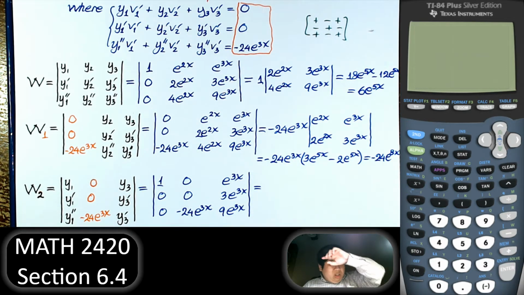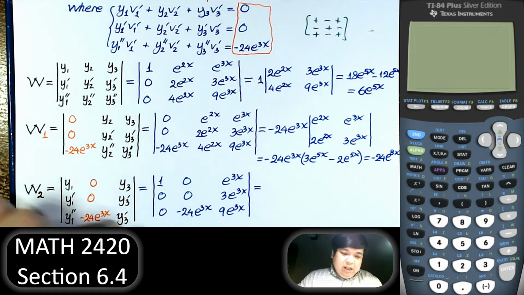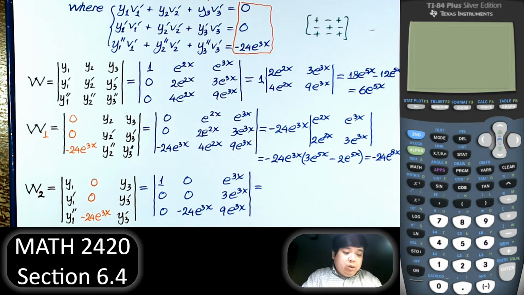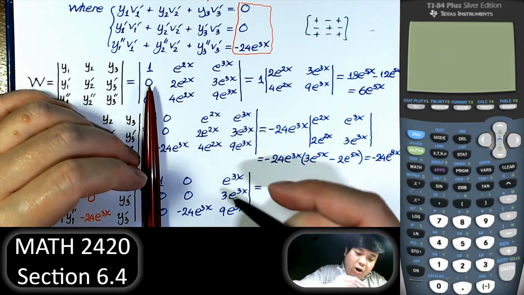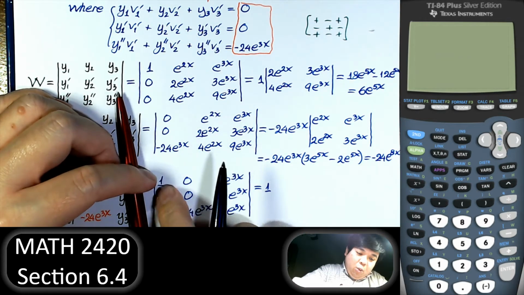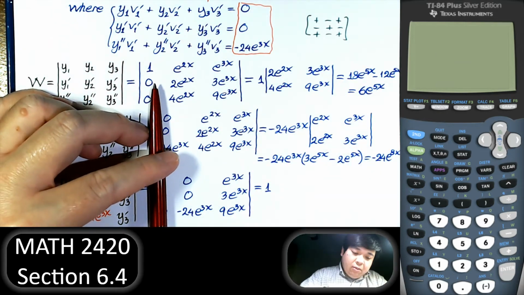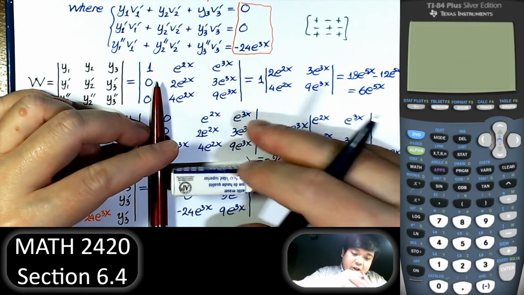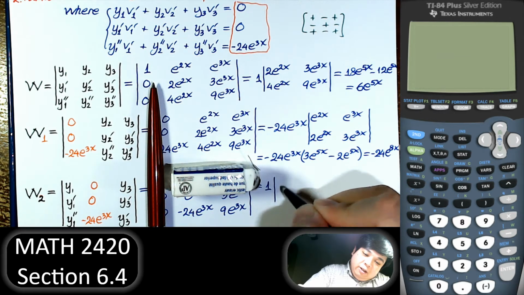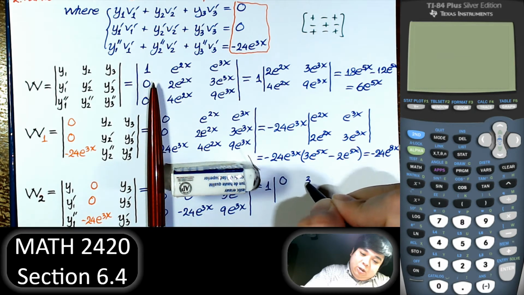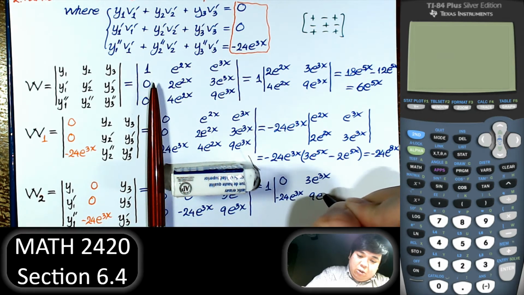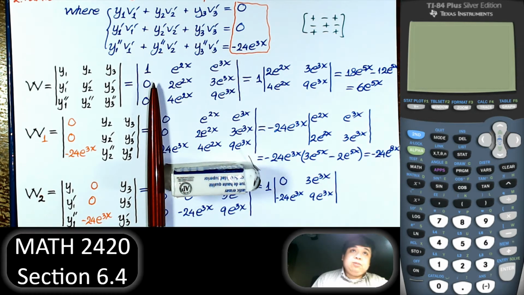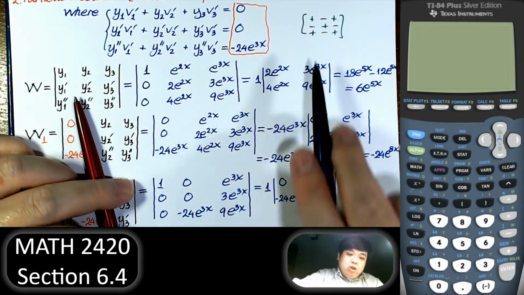Right, then we can choose any row and any column with a bunch of zeros. So I will choose, with respect to the first column, I only have one standing on the plus sign, so it's 1. And then cover the row and the column, we will have 0, 3e^(3x), negative 24e^(3x), and 9e^(3x). The 1 stands on the plus side, so we don't do anything.